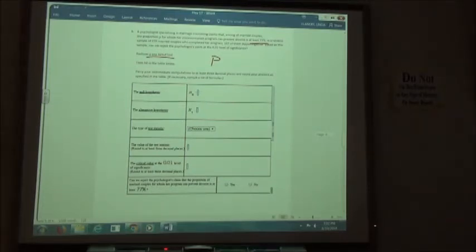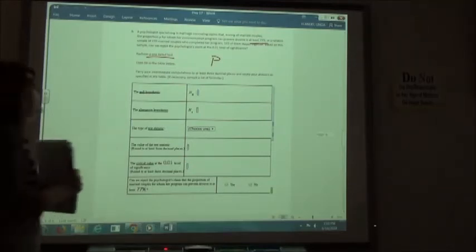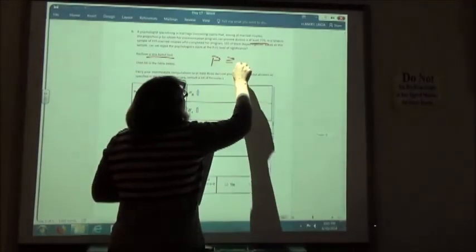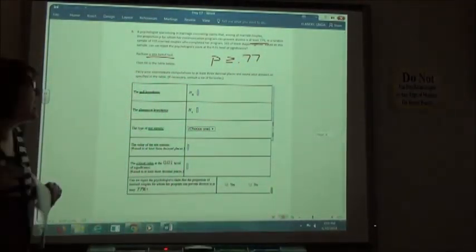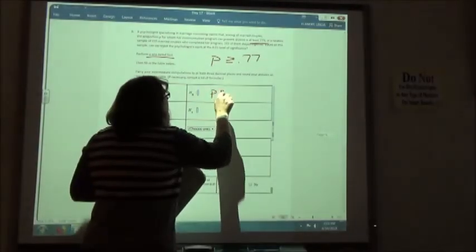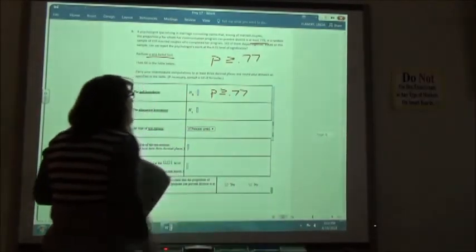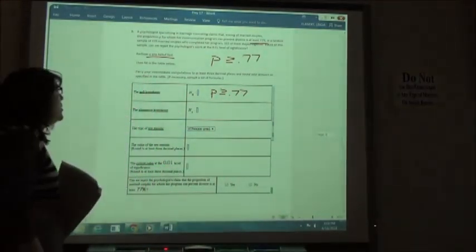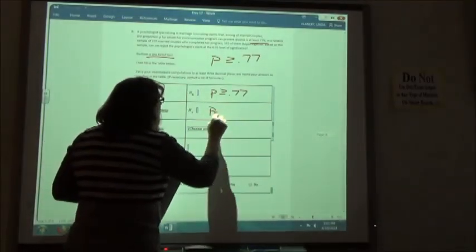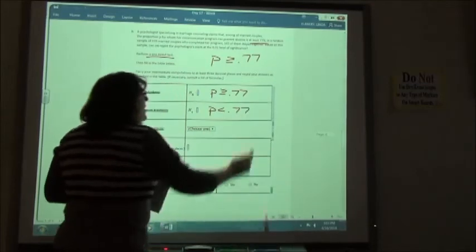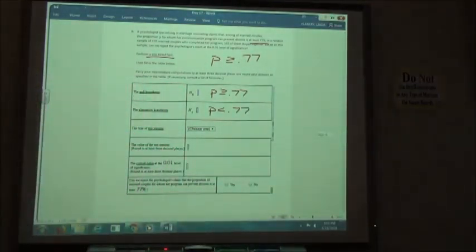If I said you gave me at least $100, you gave me $100 or more, right? At least 77%, we're going to say greater than or equal to 0.77. Again, because that does have the equal, that's our null. P is greater than or equal to 0.77. The alternative, H1, is P is less than 0.77 then.